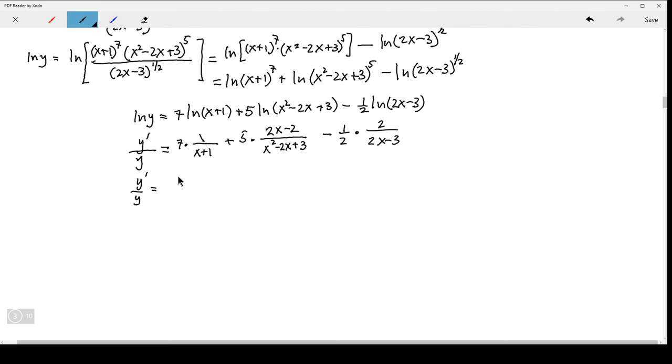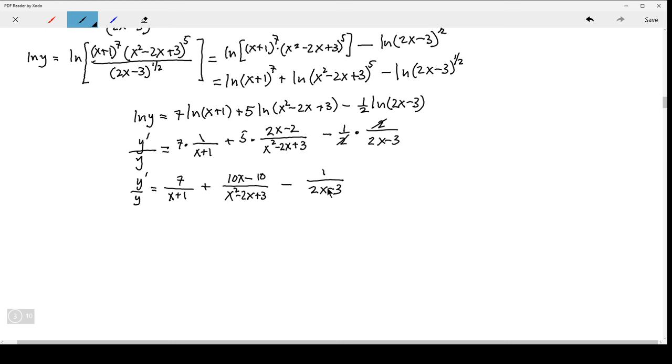This is going to be 7 over x plus 1 plus, I guess I can just multiply that out, we'll say 10x minus 10 over x squared minus 2x plus 3 minus, now here I've got a 2 on top and a 2 on the bottom, so that's going to be 1 over 2x minus 3. So I think I've got that simplified enough on that side.